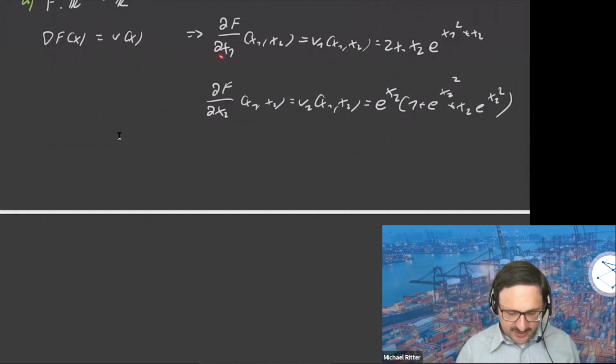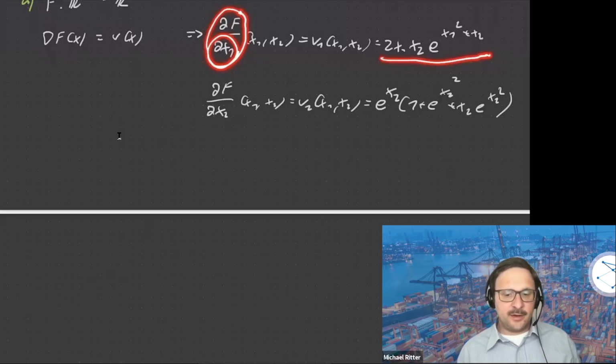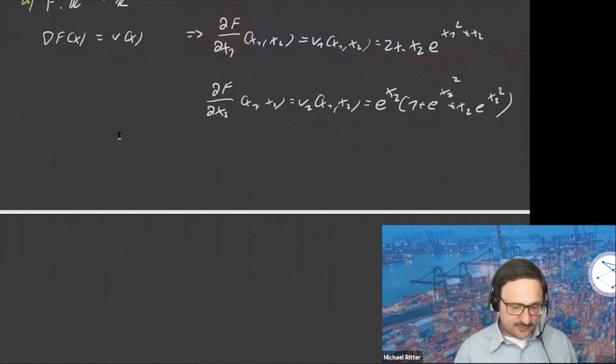We'll start with this one here. If the derivative of capital F with respect to x1 is this expression, then we could just integrate that with respect to x1 to get a candidate function for capital F. And that's what we want to do.